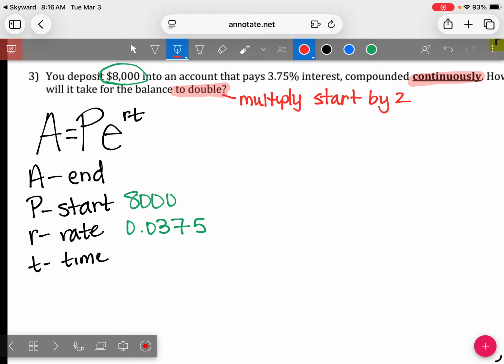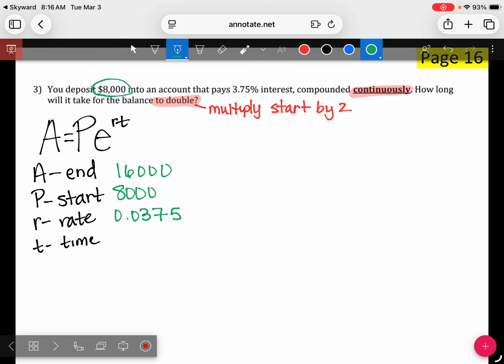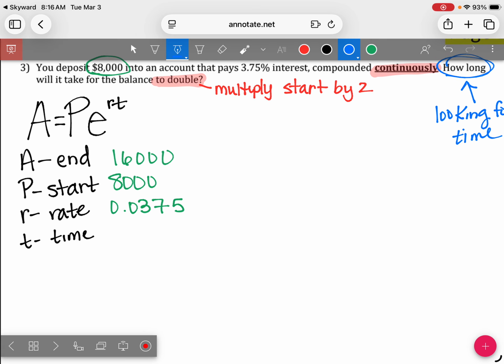What is double 8,000? 16,000. And anytime you see these two words, how long, that means I am looking for time. So this time we don't know what that is. So let's go ahead and substitute everything into that formula.